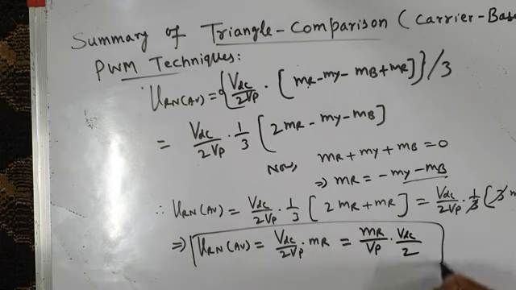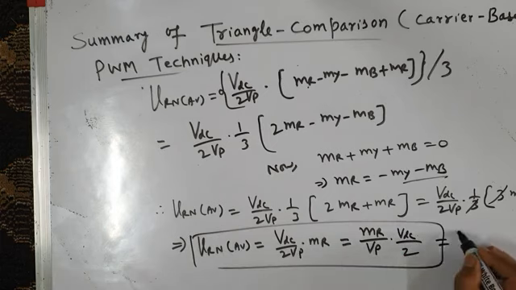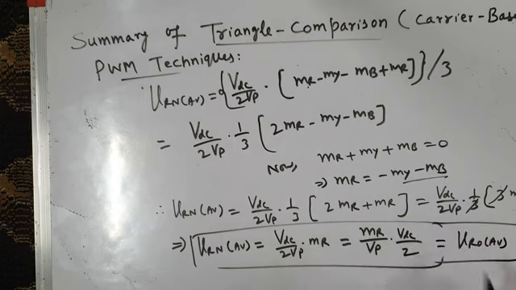And what is this equal to? It is the same as the average pole voltage VRO, because just a few moments back we wrote average pole voltage VRO equal to Mr by Vp Vdc by 2. So the average phase voltage VRN is the same as the average pole voltage VRO.